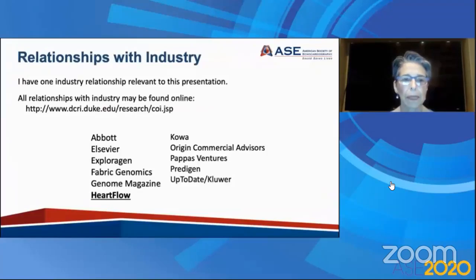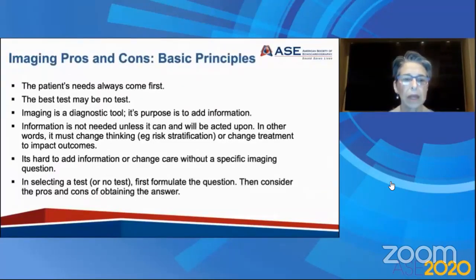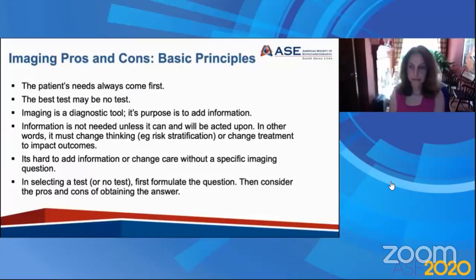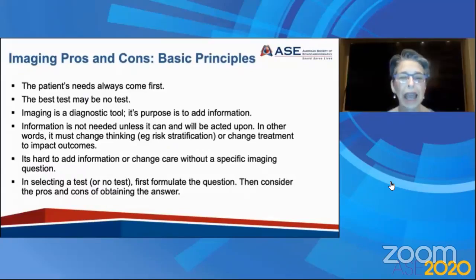Next slide. So when we think about imaging pros and cons, it's often good to go back to first principles and think about what we are trying to accomplish with imaging, because if we're not trying to accomplish it, it's hard to be a pro, of course. And the very first one that's very clear here is that the patient's needs always come first.